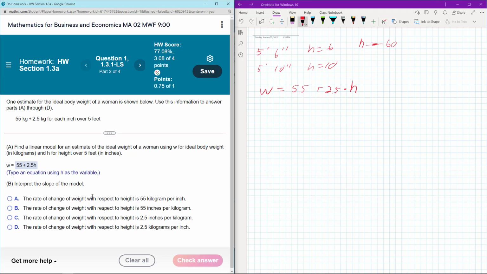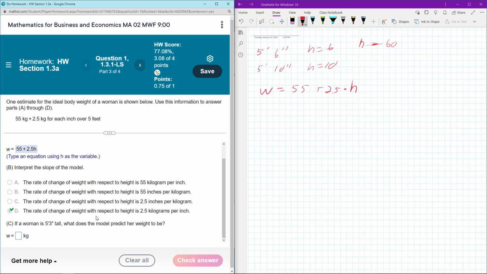So what says that? Obviously this doesn't. This says 55 kilograms per inch. This says 55 inches per kilogram, and weight can't change in terms of inches. This is 2.5 inches per kilogram. No, it is 2.5 kilograms per inch. So the answer should be D.